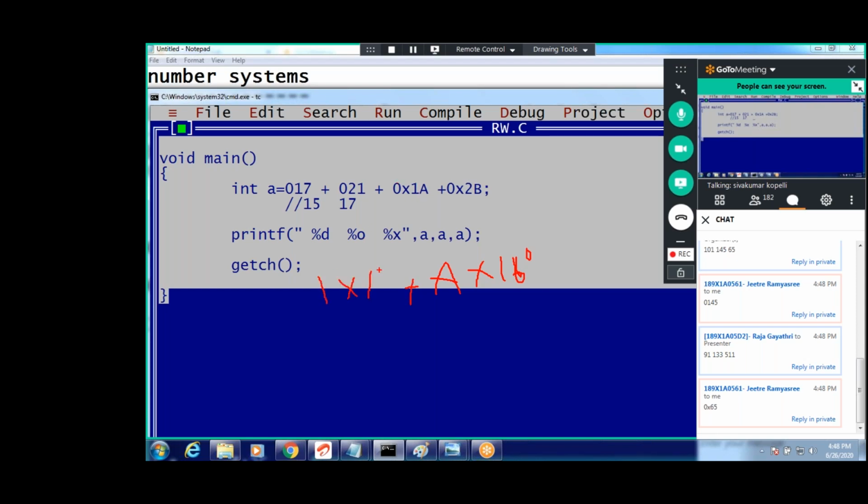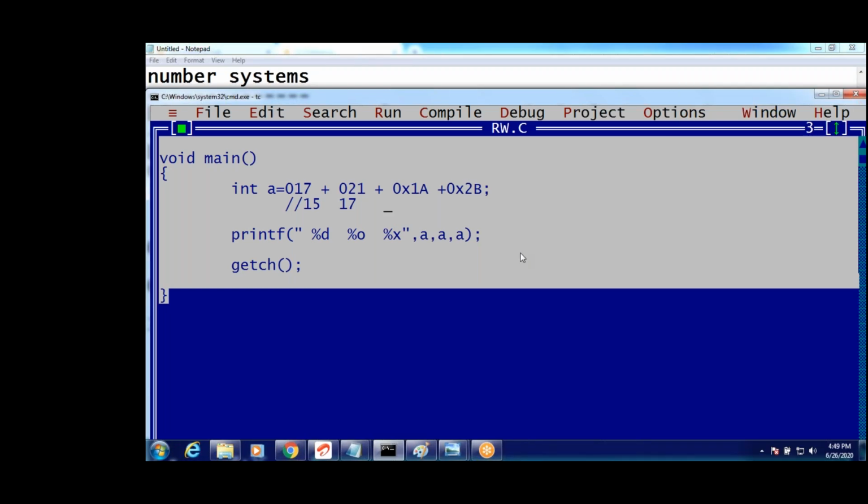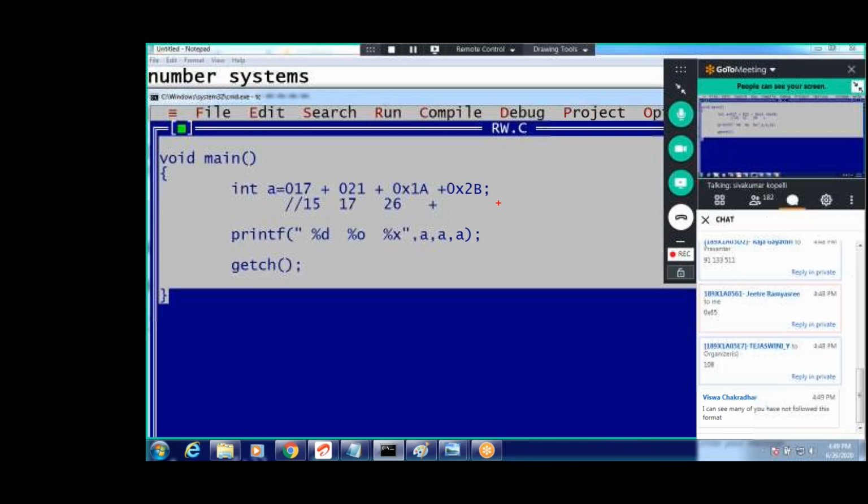This is 26 plus 0x2b. B means 11, so 11 into 16 power 0 plus 2 into 16 power 1. 2 into 16 power 1 is 32. 32 plus 11 is 43. The last one is 43.